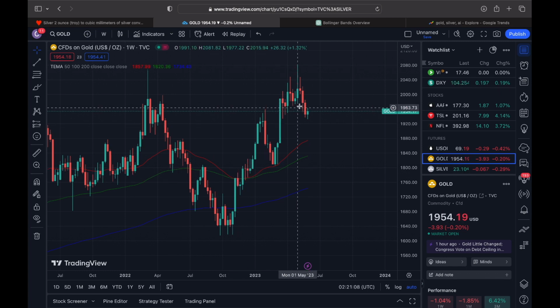And it's consistently stayed above, and it bounced off of them in late February. Here we are remaining solidly above all the moving averages, and still close to that $2,000 mark. So I'd say we're looking pretty strong for gold when looking at those moving averages.